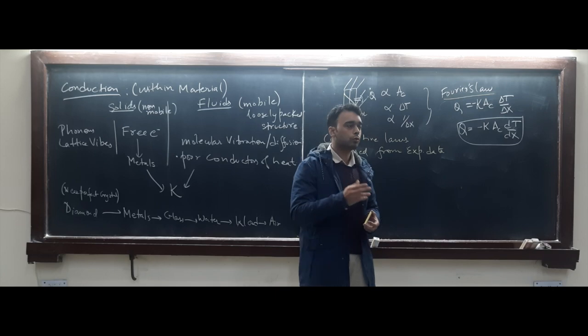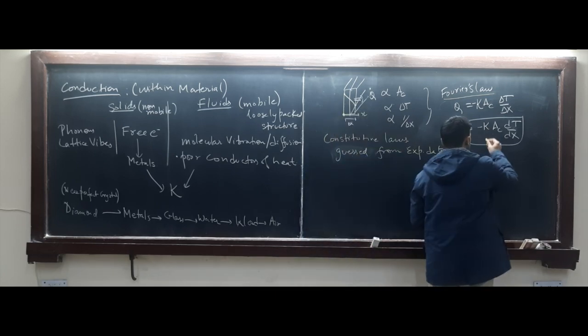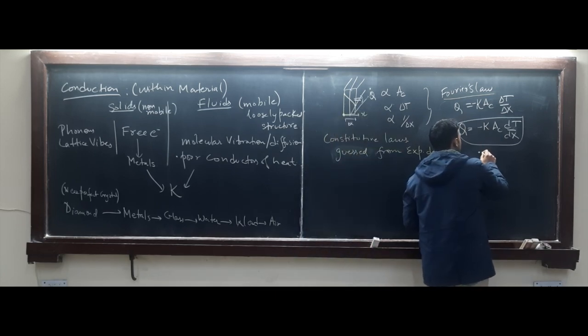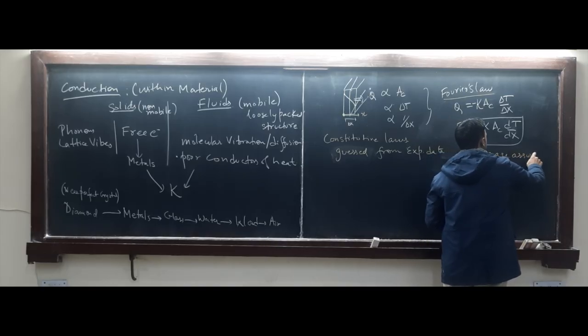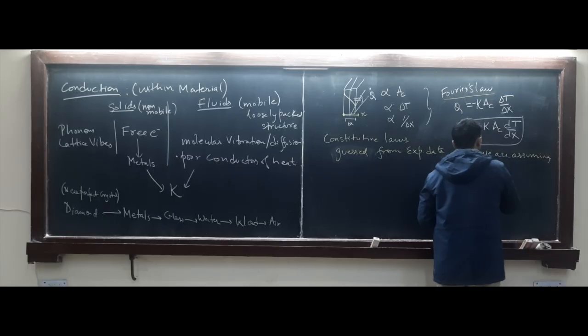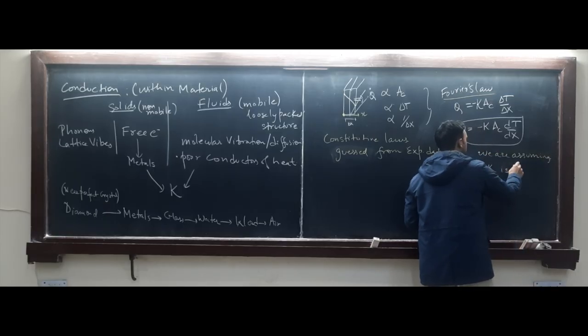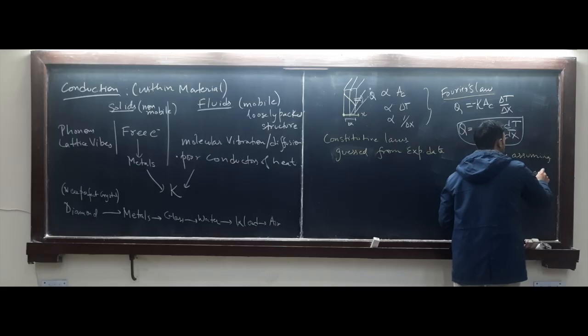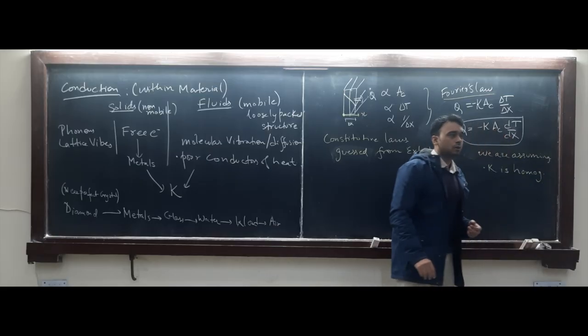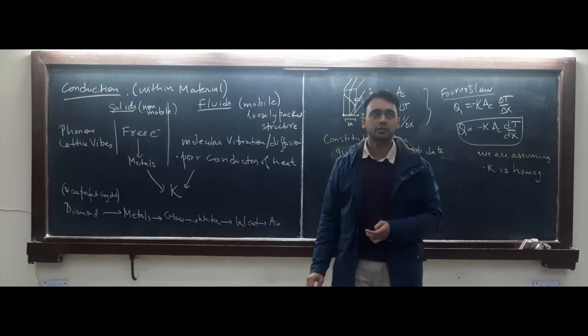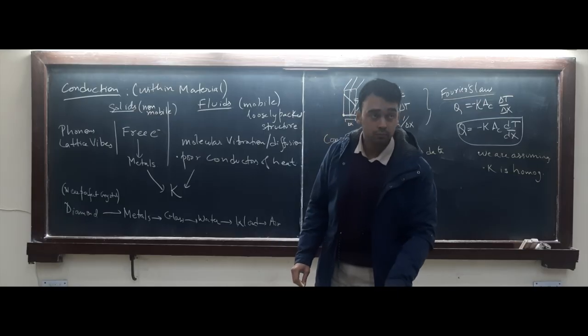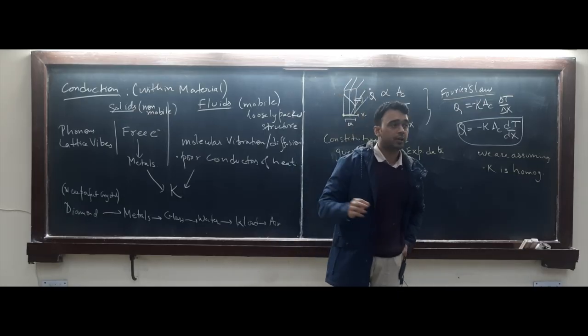You go to wood, what would happen? As you say, there are some limitations here. We are assuming that A is homogeneous. What do I mean by homogeneous? Same property across the entire material.